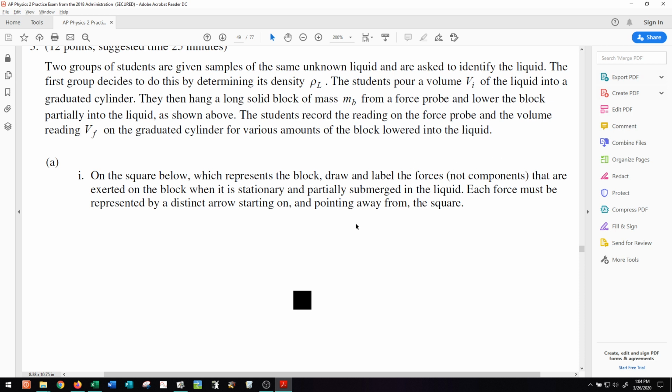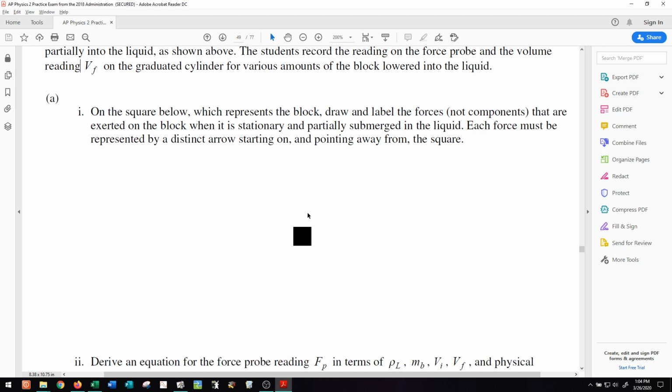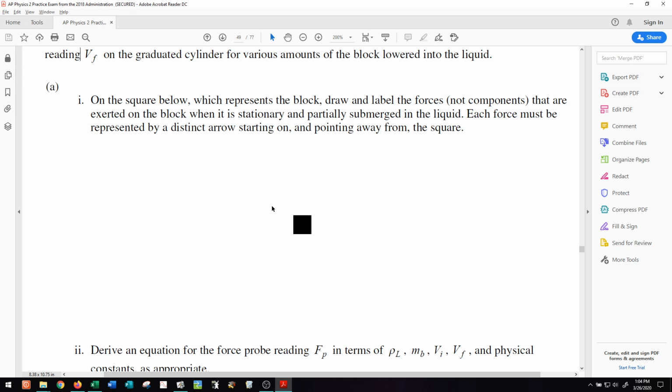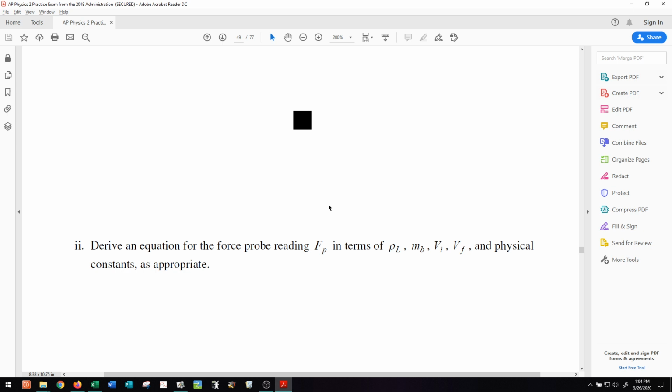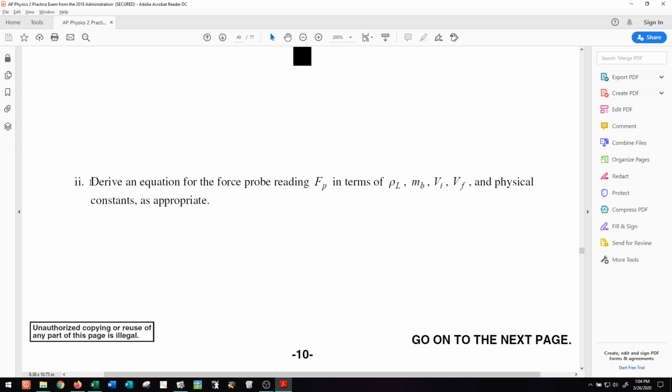The first question says, on the square below, which represents the block, draw and label the forces that are exerted on the block when it is stationary and partially submerged in the liquid. Each force must be represented by a distinct arrow starting on and pointing away from the square. So take some time, draw that out. The second part of the problem says derive an equation for the force probe reading in terms of the variables you're given: rho L, M B, V initial, V final, and physical constants.